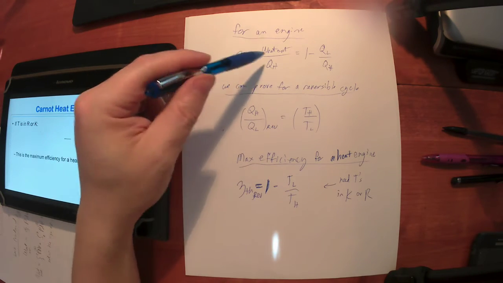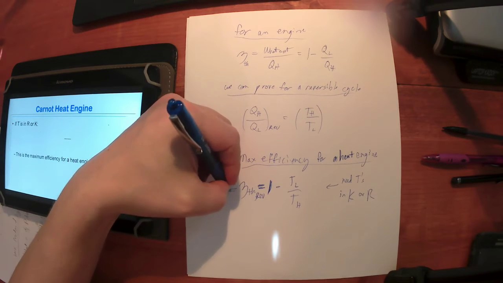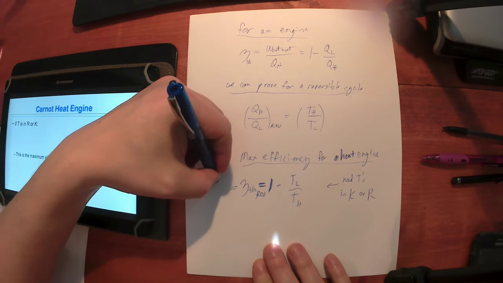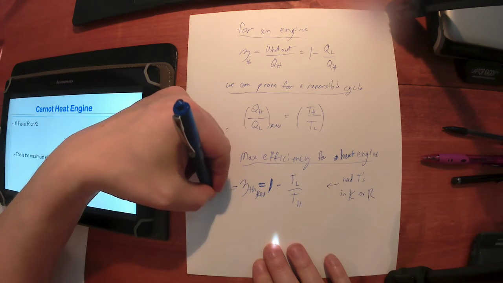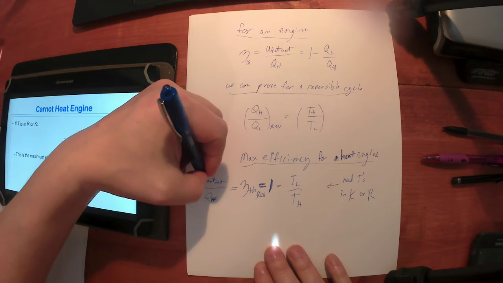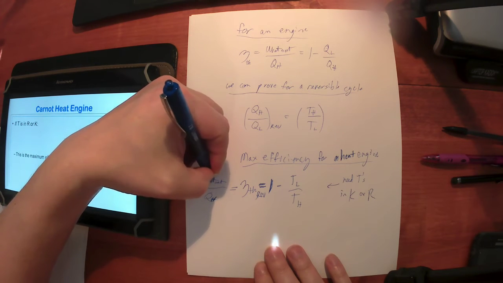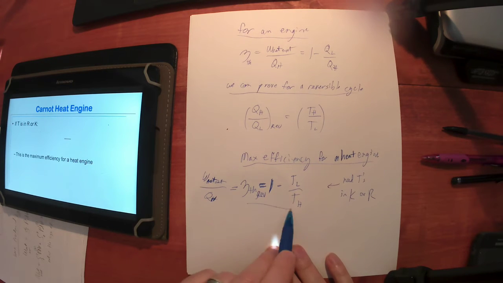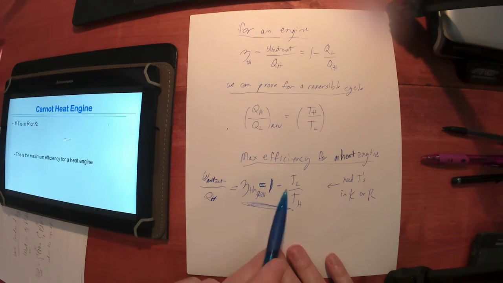And so I can still put net work out divided by QH over here. This efficiency is still equal to this ratio. But what we're saying is we can find it based on this information.